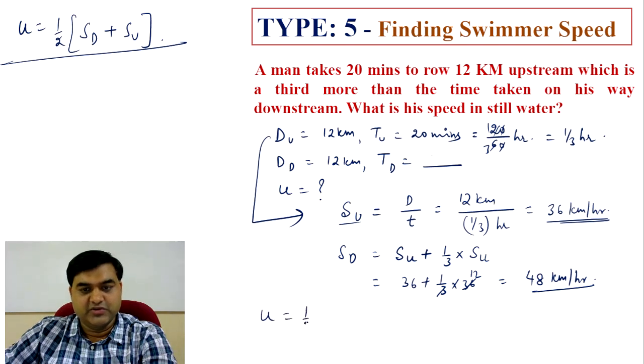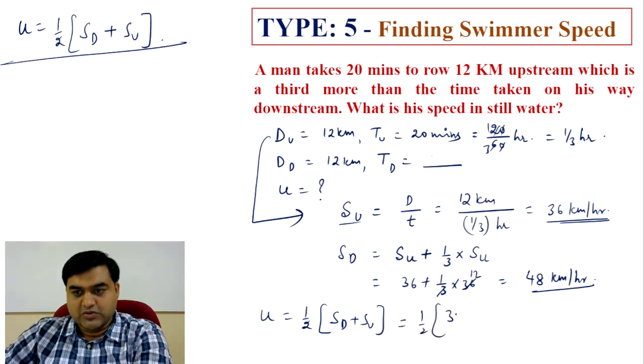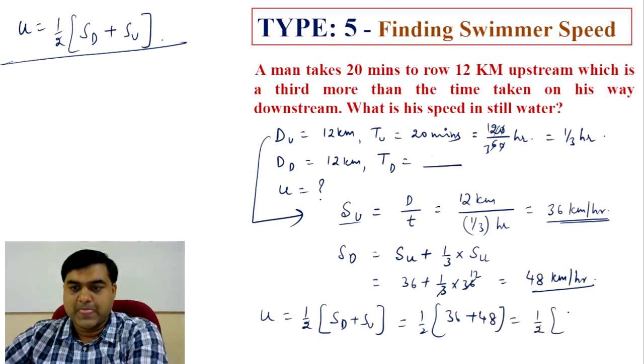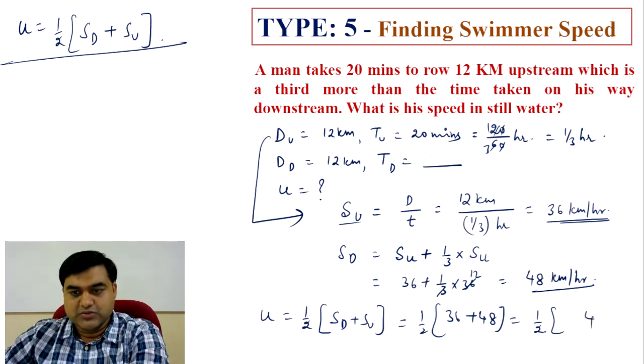U is equal to half into downstream plus upstream, half into 36 plus 48, is equal to half into 84.